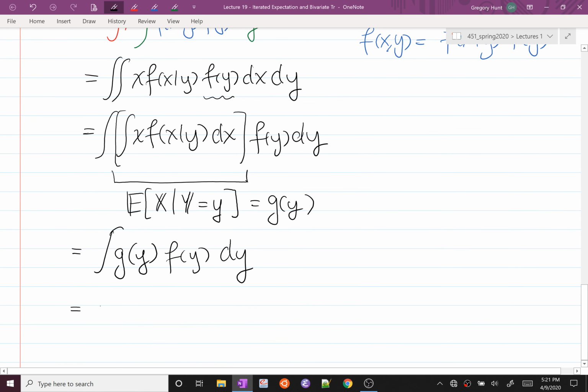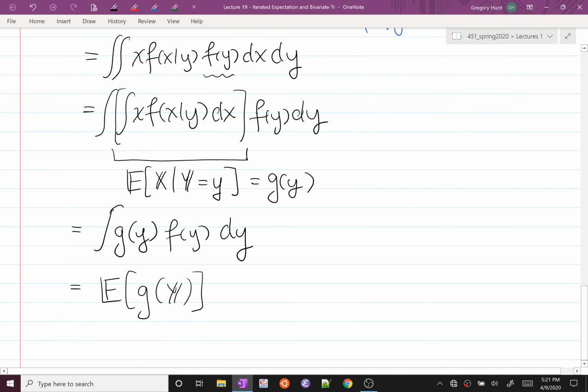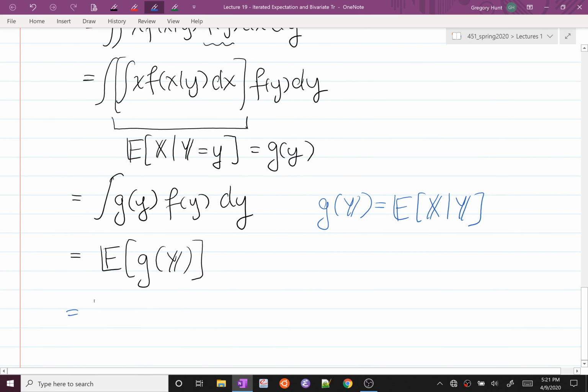And this is the expected value of g of y. But of course, g of y in our case here is the expected value of x given y, as we discussed above. So I could write this how it more typically is written, as expected value of x given y.